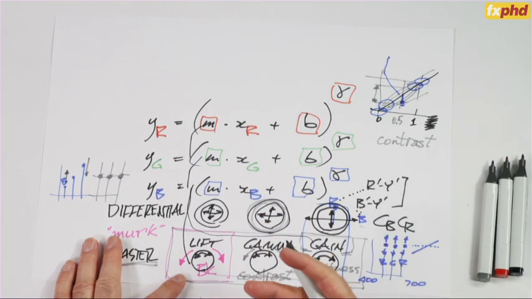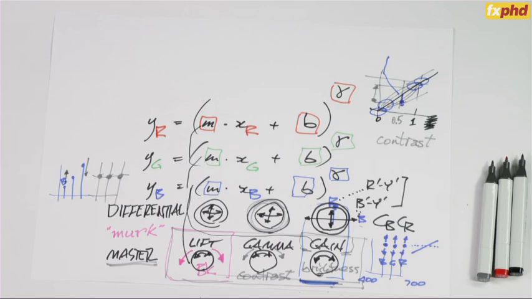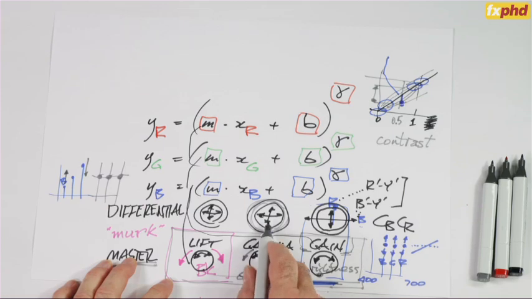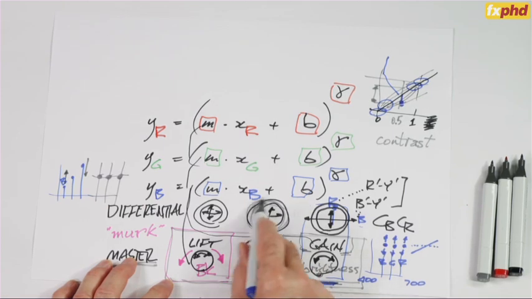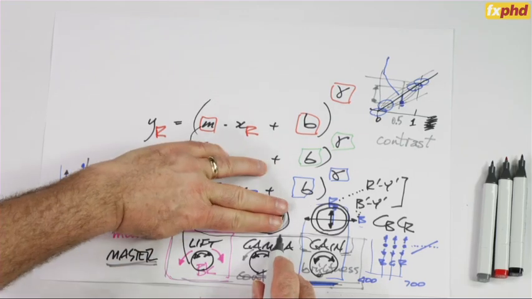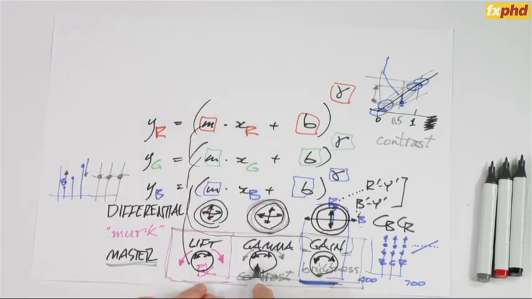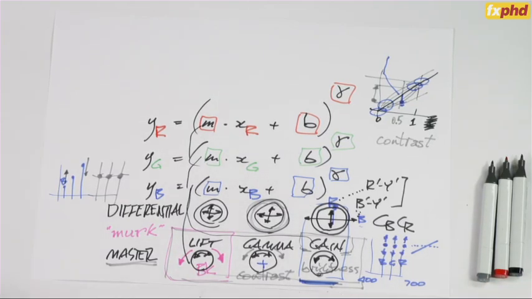It just imposes a visual effect. So that's what happens with gamma when you use gamma differentially. Gamma, the master gamma control, just basically dials in or out contrast, visual contrast from the picture. So there's your story about the basics of color grading.